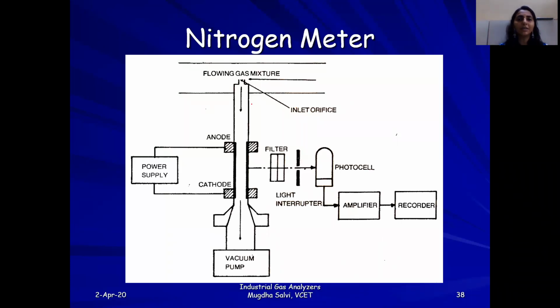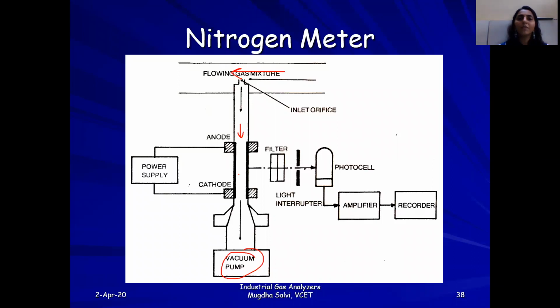So here if we see, we have a gas mixture flowing through this particular pipe. Here we have introduced a smaller diameter pipe, or we could say a very small orifice, and there is a vacuum pump at the bottom, which is sucking a small amount of this gas mixture into this tube.